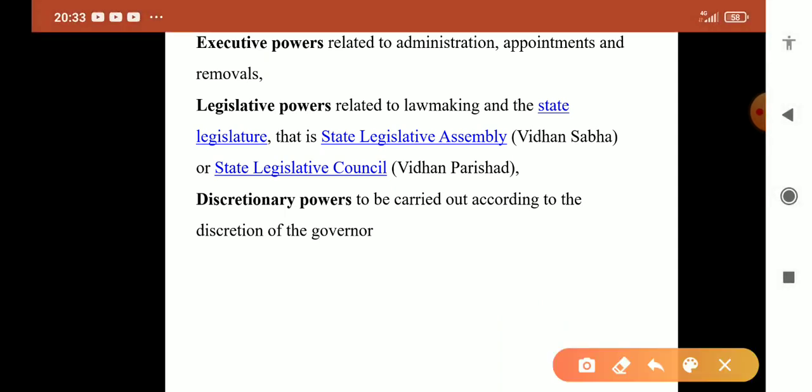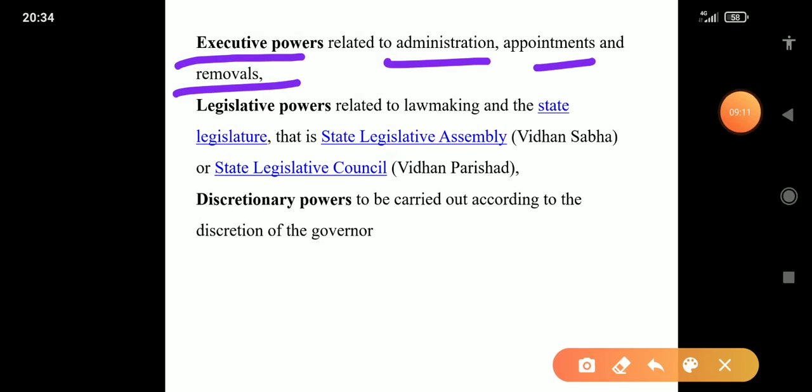Executive powers. First we will discuss executive power related to administration. This power is related to administration, appointments, and removals, right? Oaths and offices, right? So there he has powers.